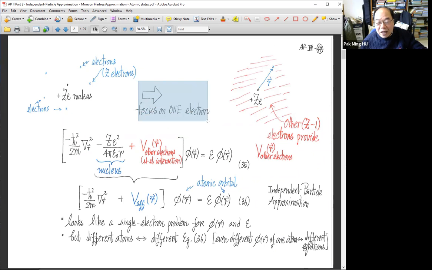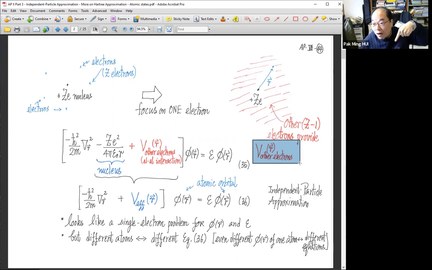After we do a lot of things, Hartree things, self-consistent thing, we can reduce it to focusing on one electron, and the other Z-1 electrons now provide an effective single electron potential energy function. That is to say, the Z-1 coordinates are integrated over and we live with only one coordinate. That is where our focusing electron sits.